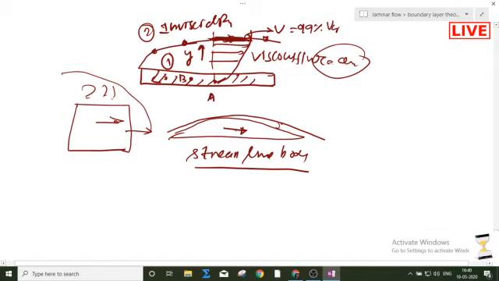In order to define this, we have to understand what the boundary layer thickness is and how we can measure it. In the next class we'll study the von Karman equation and the Blasius equation, and how we can determine the boundary layer thickness.